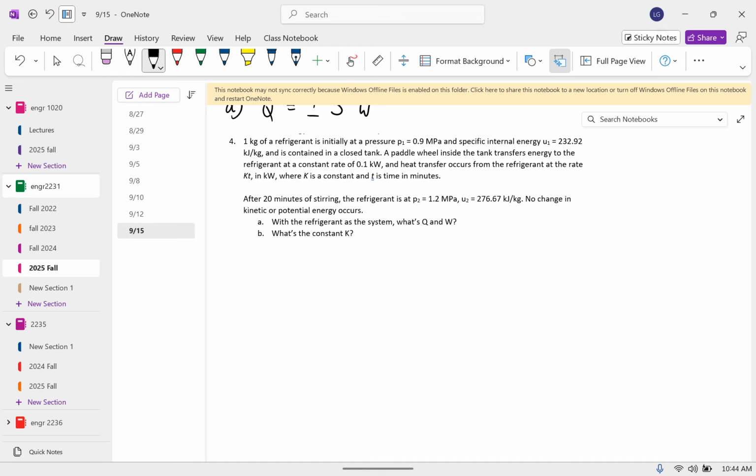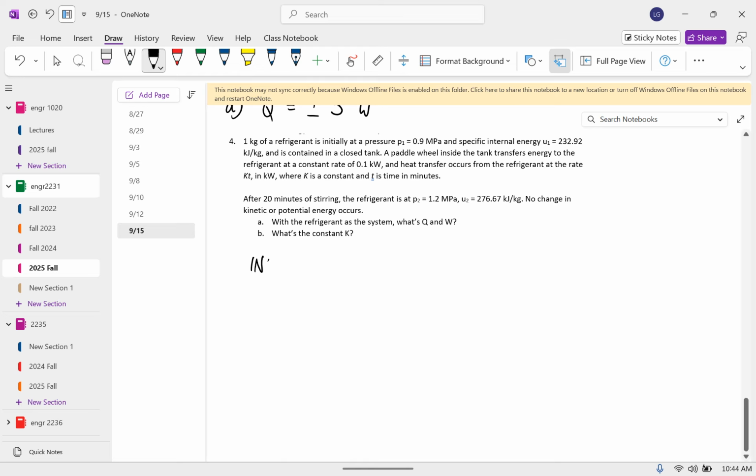Well, I guess I'll wait until that comes up in an equation, but we're going to convert that so we're actually using time in seconds. 20 minutes of stirring. We have a second pressure and a second specific internal energy. Okay, so let's start writing this stuff down.